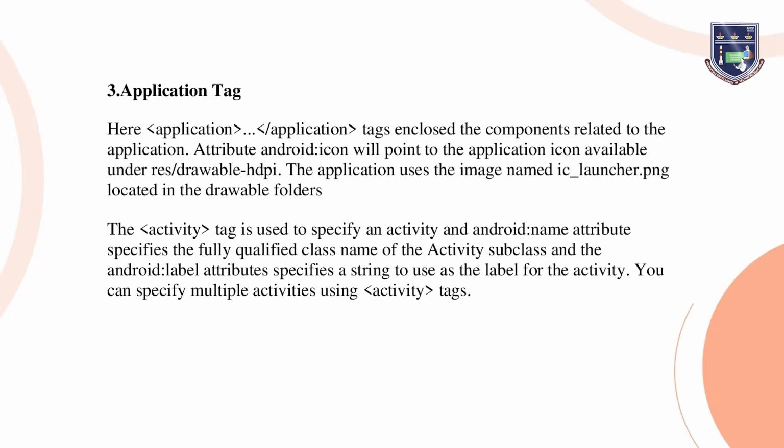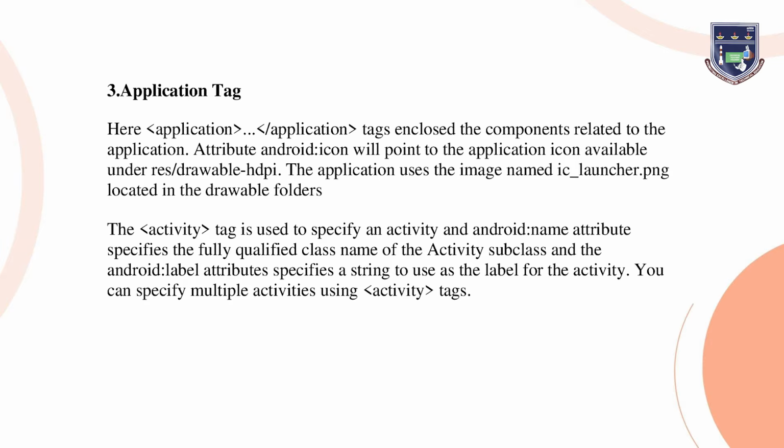Then the third option is the application tag. Here we have used two tags, application and its closing tag, which enclose the components related to the application, and the attribute android:icon will point to the application icon available under the res drawable section.